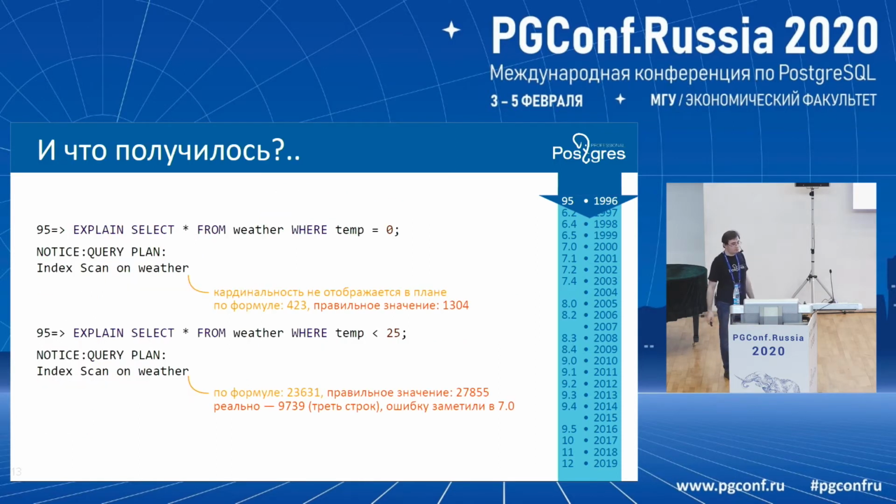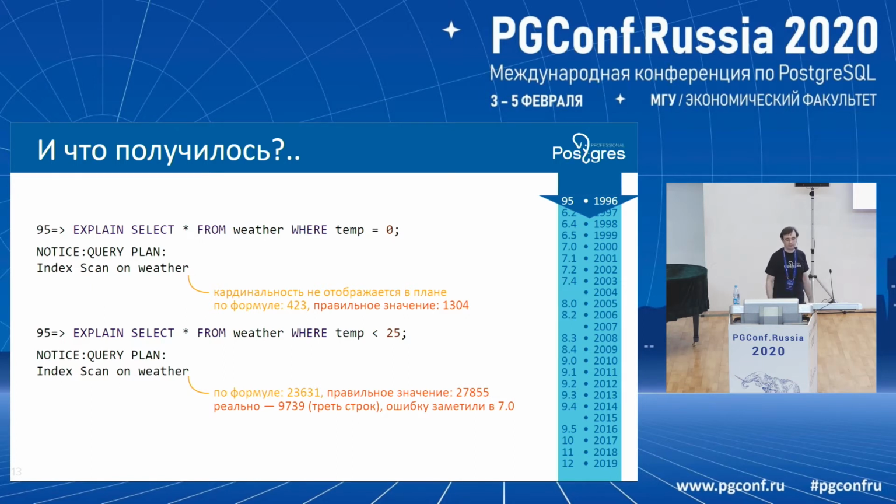However, we have such fields, and if we try to understand what's happening, then we will see that Postgres 95 had an explain command, which showed just the names of the nodes. It did not show the cardinality, which we can see now in rows, nor the cost, just the names of the nodes.